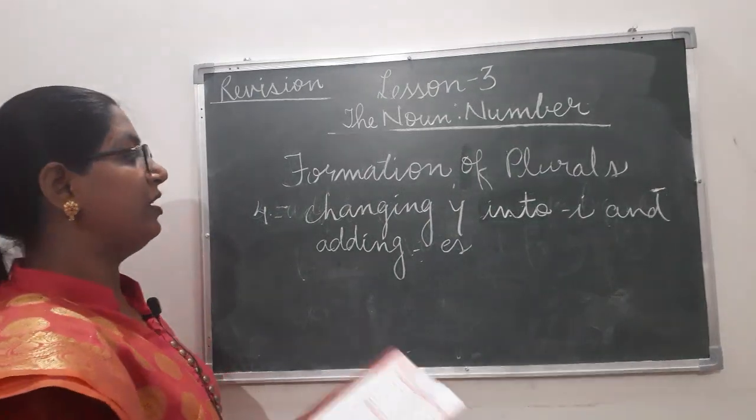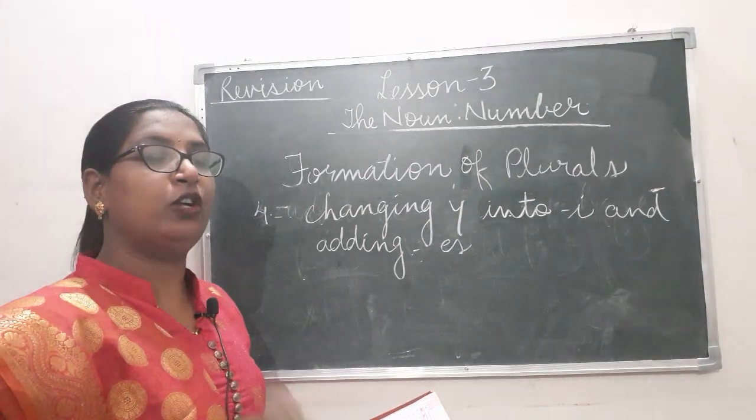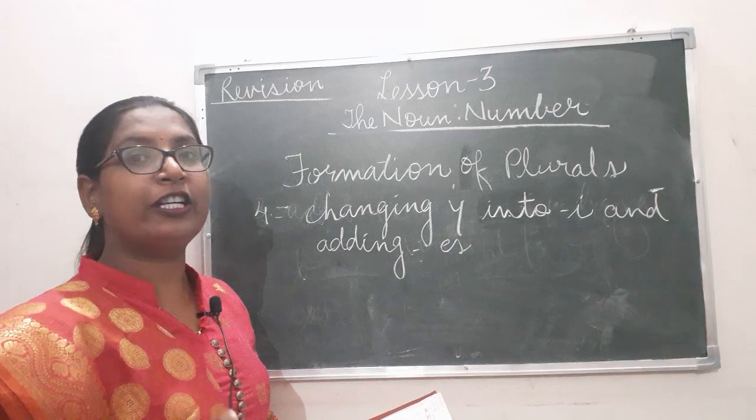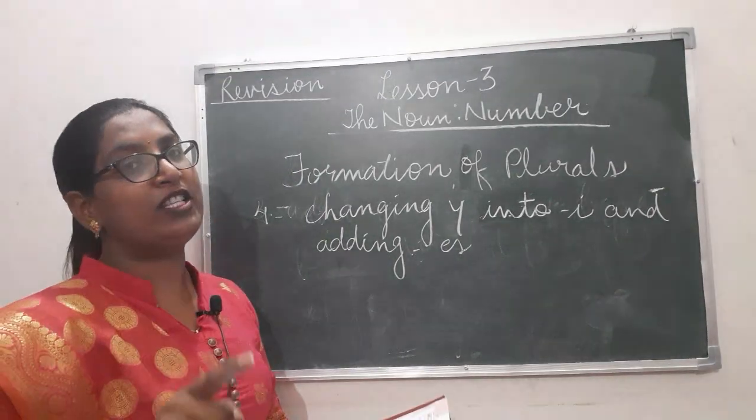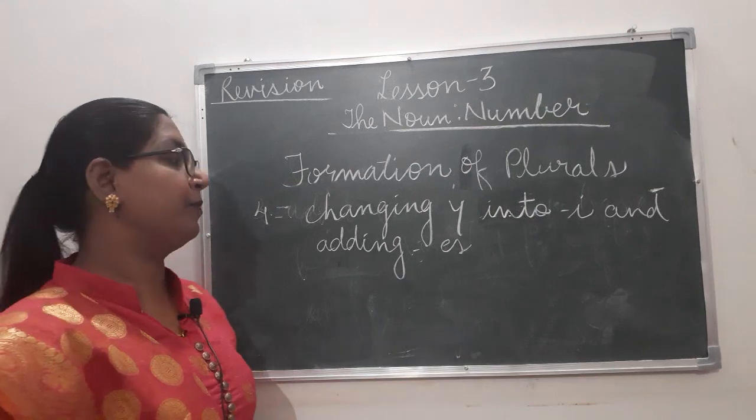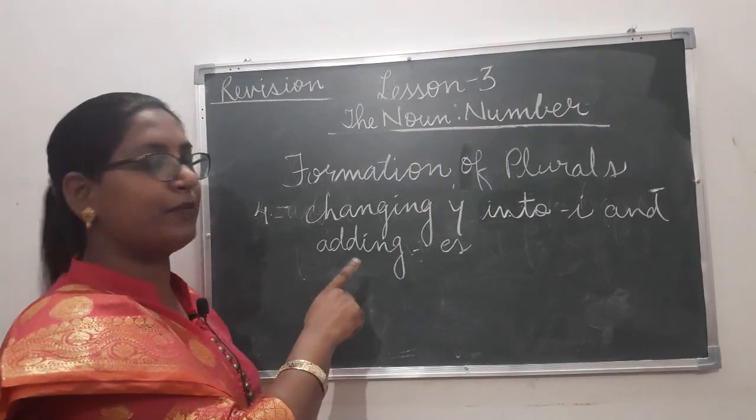My dear children, in the previous rule we studied, when the word is ending in y and before y comes any vowel, we just add s to make it plural. But in this rule we will learn something else.